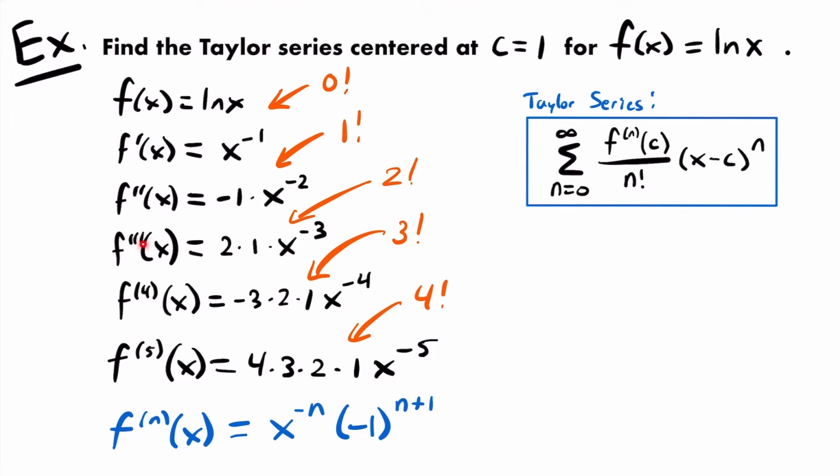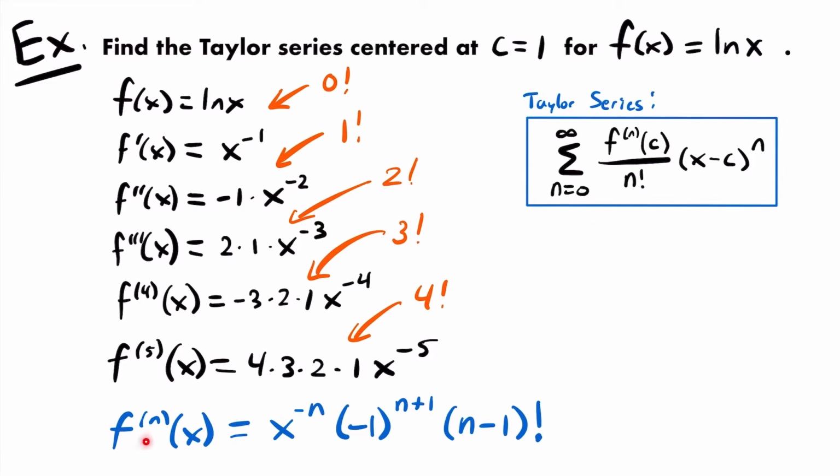And then in the third derivative, we have 2 factorial, and 2 is 1 less than 3. And so you can sort of see the pattern here. Our coefficient is always going to be represented by n minus 1 factorial. And so now we have an nth derivative that represents all of these derivatives. For any nth derivative that we would want to find, we just plug in our value of n into this expression, and we will find that derivative.